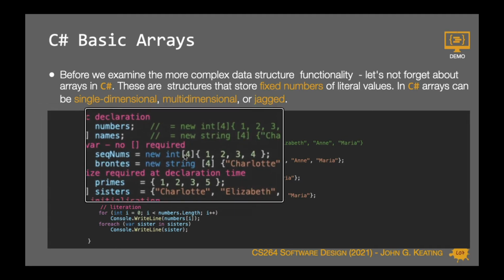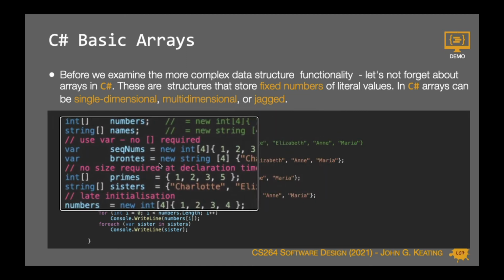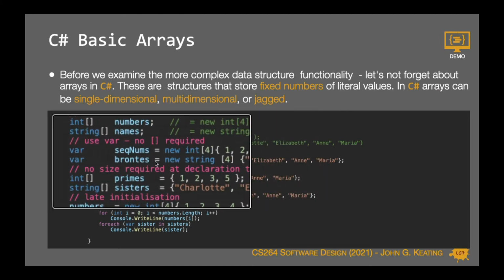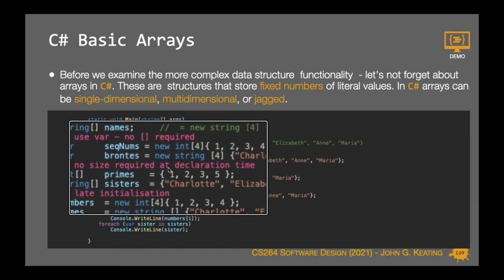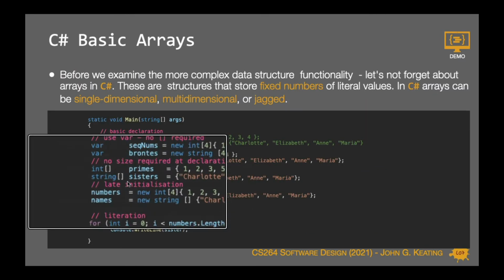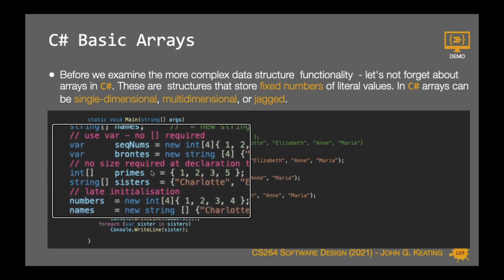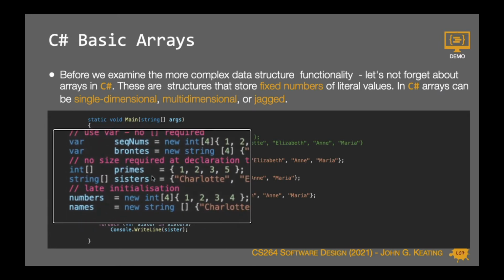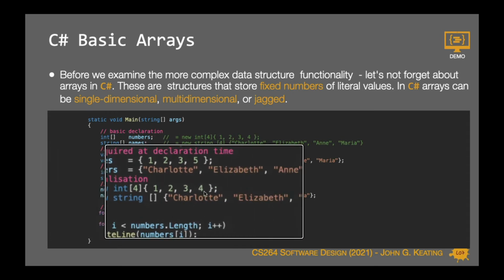And so we're creating this new array of numbers, and here we have a new array of strings. We've one called Brontes, which has the four sisters here as strings. And again, there's no size required at the declaration phase, as you can see already.